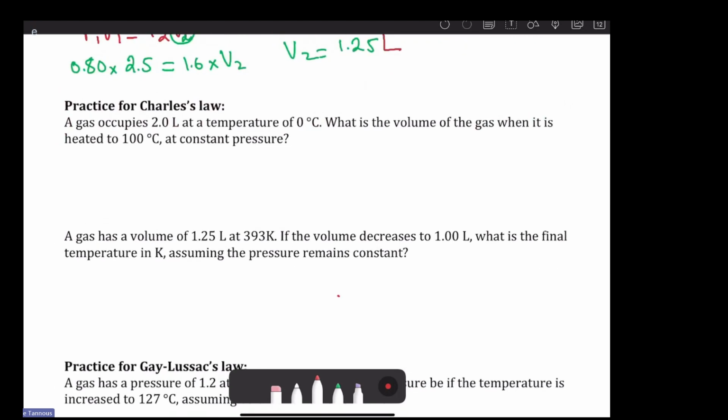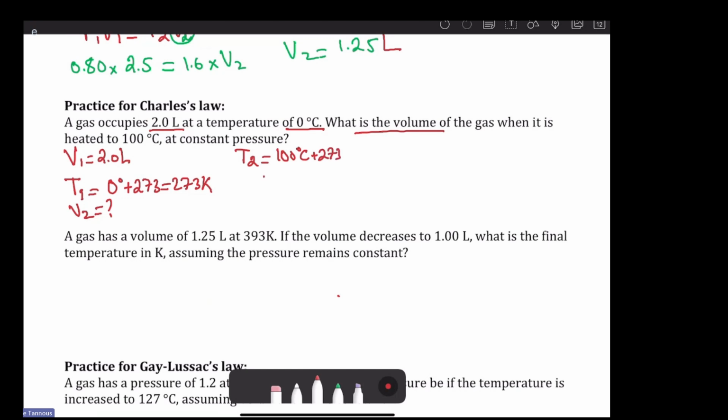Charles' law. Again, a gas occupies 2 liter, that's the volume, at a temperature of 0 Celsius, T1. Immediately I'll add to it 273. What is the volume V2 when it is heated to T2, 100 degrees Celsius plus 273, so that's 373 Kelvin, at constant pressure?